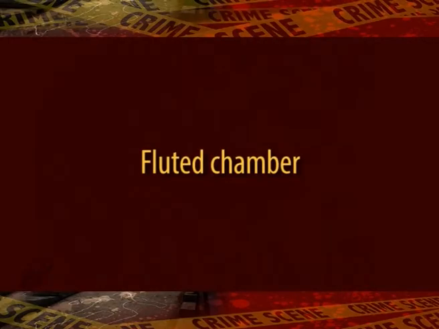In modern firearms, the various types of chambers present consist of annular, ringed, fluted, perforated and helical chambers and are helpful in the identification of both the individual as well as class characteristics. And the main types of chamber markings encountered are as follows. Fluted chamber.